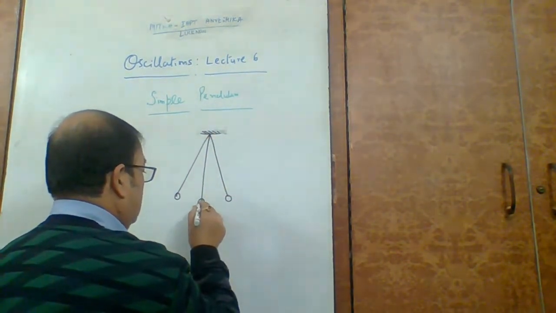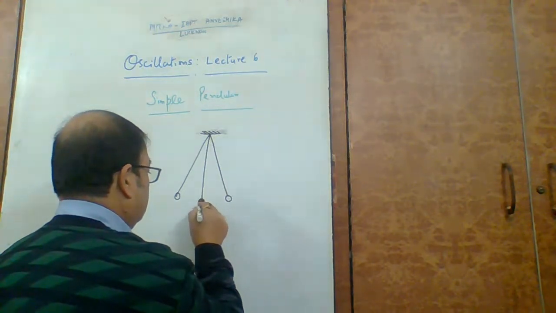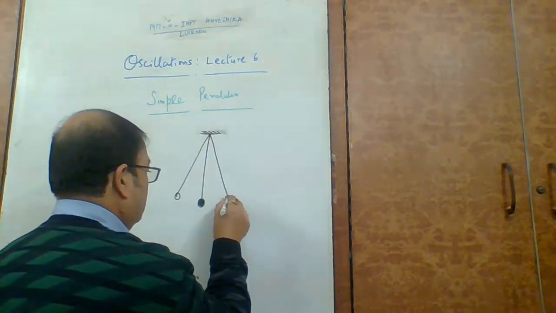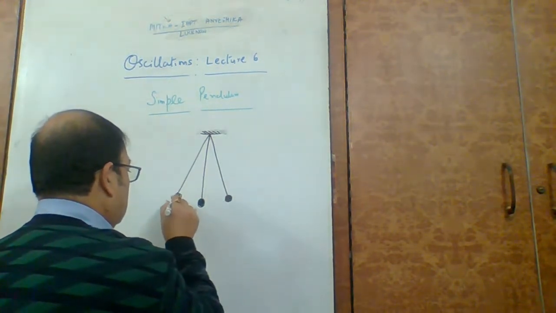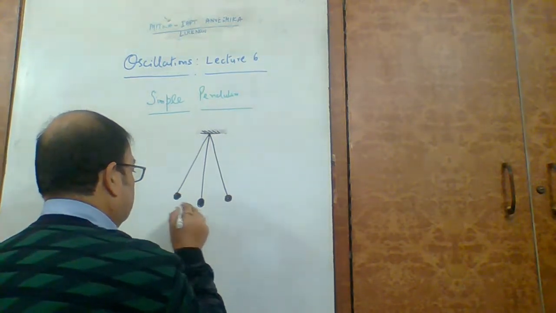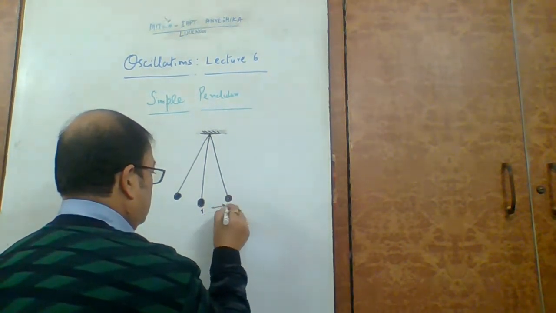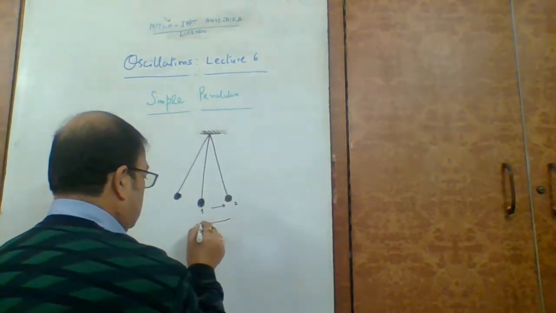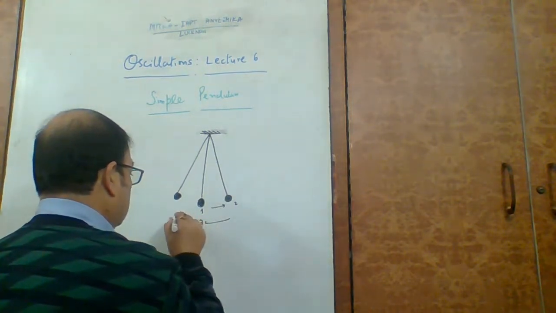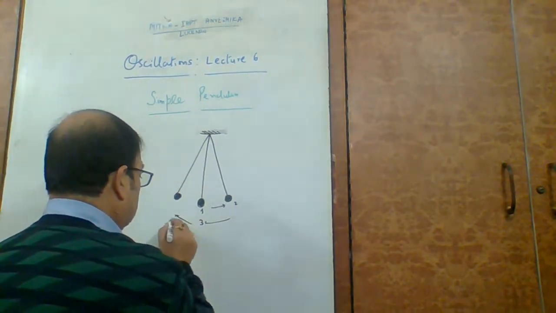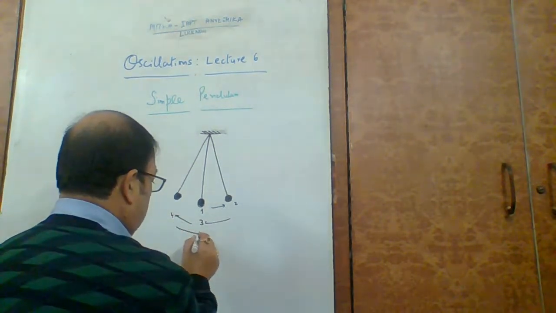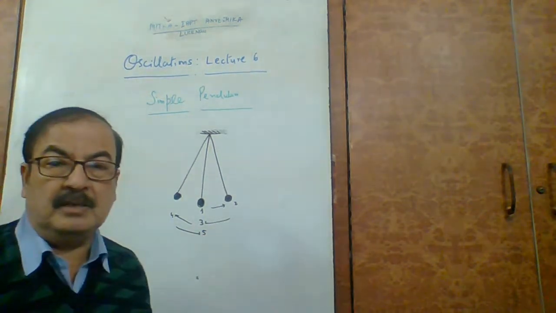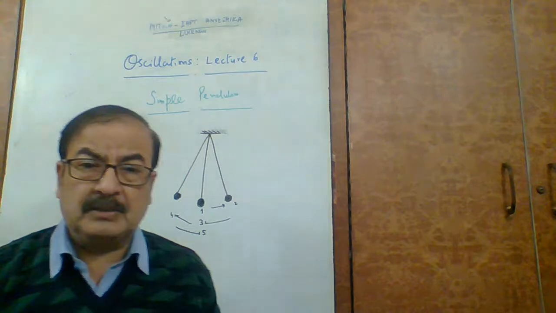This is the position of the bob, also the position of the bob, position 1 to 2, then back to the first position. This is position number 3. Then it moves in this direction, position number 4, and finally it comes back to the same position, position number 5. Now this is how we actually deal with the pendulum.